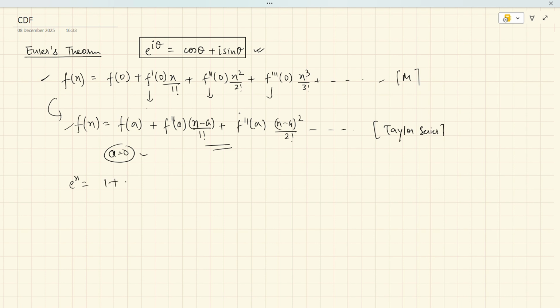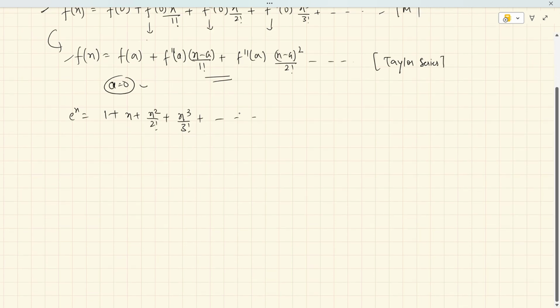Using the Maclaurin series, we derive the expansion of e to the power x, which is 1 plus x plus x squared divided by 2 factorial plus x cube divided by 3 factorial and so on. Similarly for sin x, it is x minus x cube divided by 3 factorial plus x to the power 5 divided by 5 factorial minus x to the power 7 divided by 7 factorial and so on.